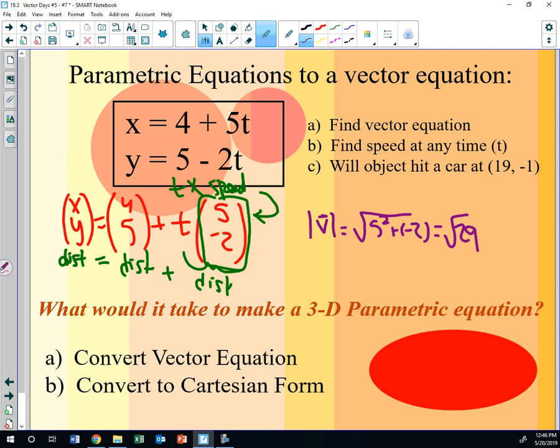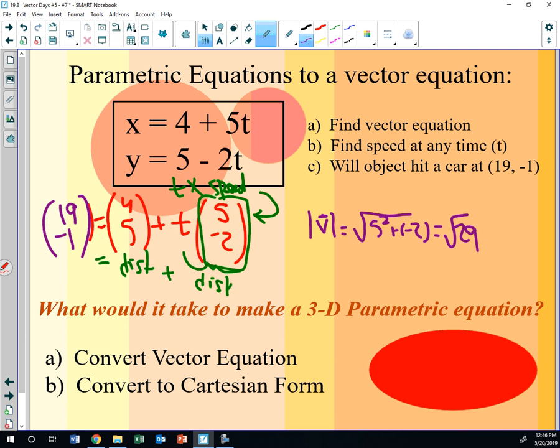That kind of came out of nowhere, didn't it? Kind of neat though. I want to know if this object, if whatever this is, will hit a car at 19, negative 1 position. So what we'll do is we're going to change our xy into 19 and negative 1. This is a glimpse into what we're going to be doing tomorrow with real stuff and vectors.